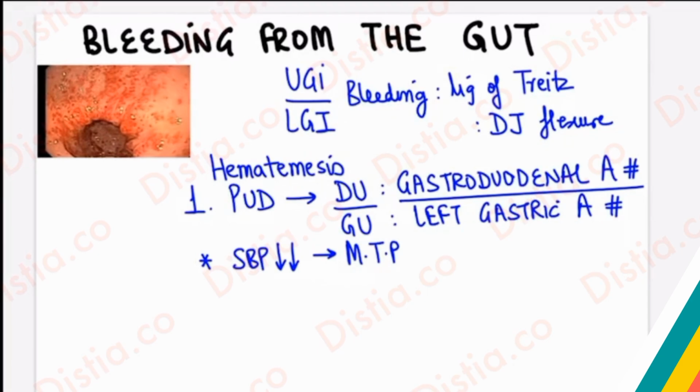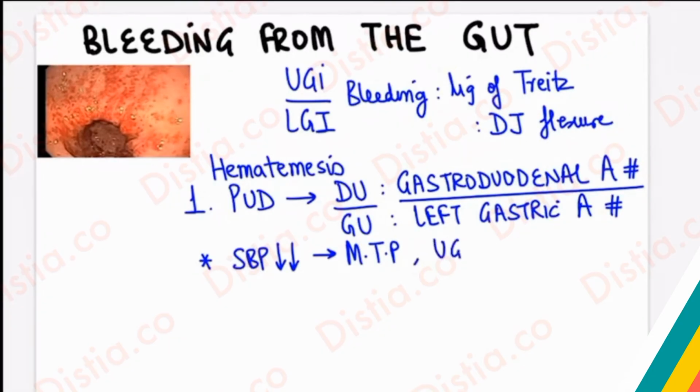So push a bolus of fluid, give massive transfusion protocol, give packed RBCs, give this guy subsequently again repeat packed RBCs and try to bring the blood pressure back to normal. I could have said whole blood also, but most of the time in hospitals, in massive transfusion protocol, it is blood components that are used.